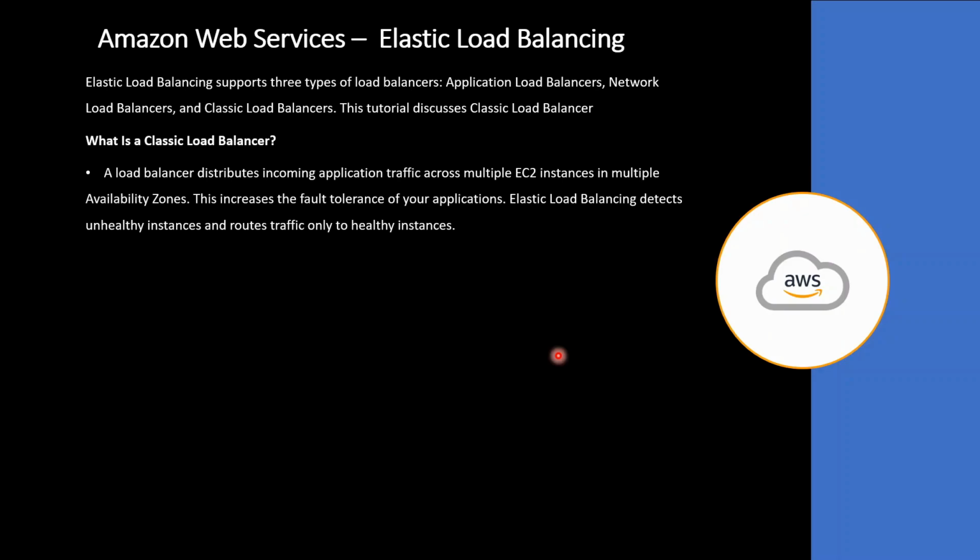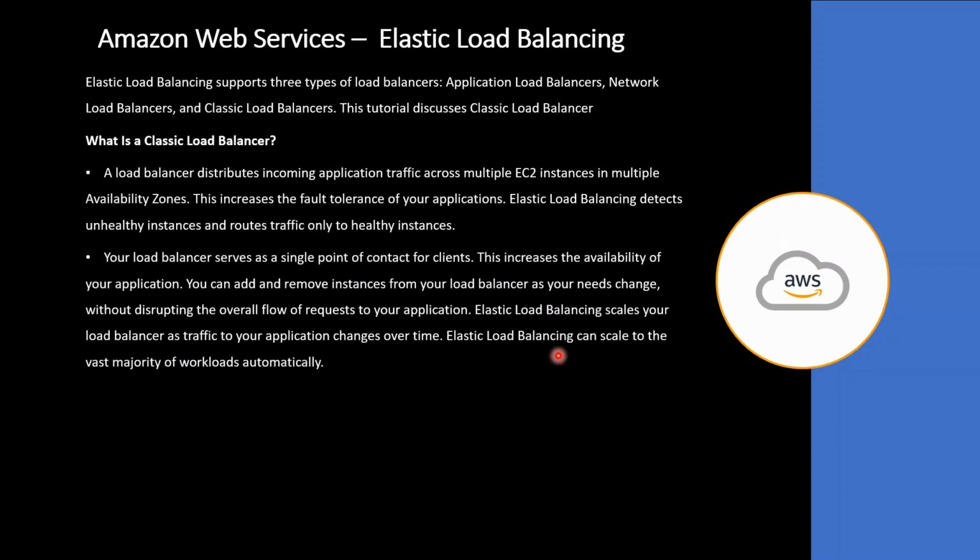This increases the fault tolerance of your applications. Elastic load balancing detects unhealthy instances and routes traffic only to healthy instances. Your load balancer serves as a single point of contact for clients. This increases the availability of your application.